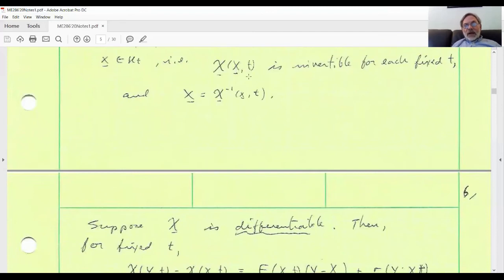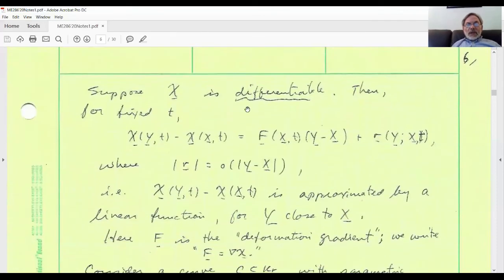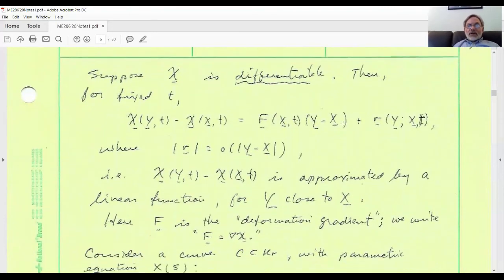For the moment, let's fix the time t and consider the derivative with respect to capital X. Differentiability then simply means, as it does in the conventional notion of a derivative, that for points, say, capital Y and capital X that are close to each other in the reference configuration, in the sense that the distance between them is small, then this difference, chi at Y minus chi at X, is approximated by a linear function of capital Y minus capital X. And that linear function, as you know from continuum mechanics, or linear algebra, or calculus, has this form.